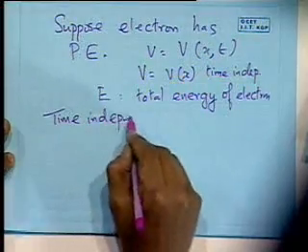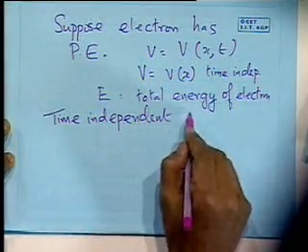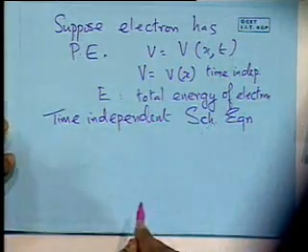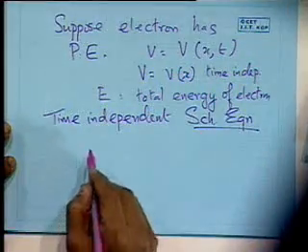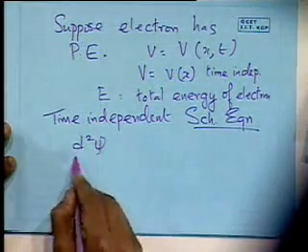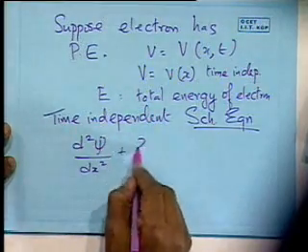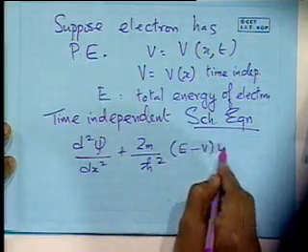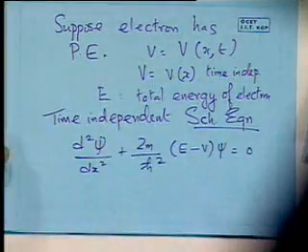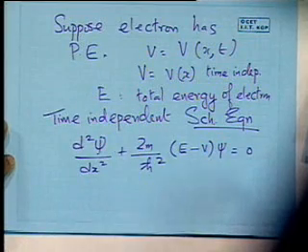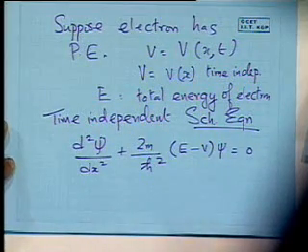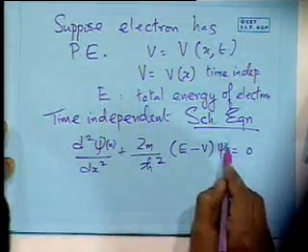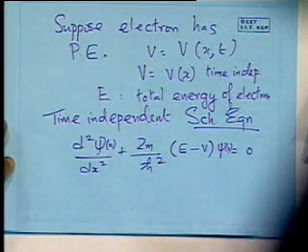As I said, this is not something we are attempting to prove. It will be given to us by d2 psi by dx squared plus 2m by h bar squared (E minus V) psi is equal to 0. We can write psi(x) because we have separated out the time dependent part.